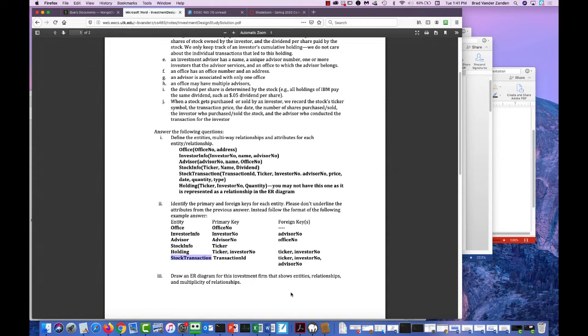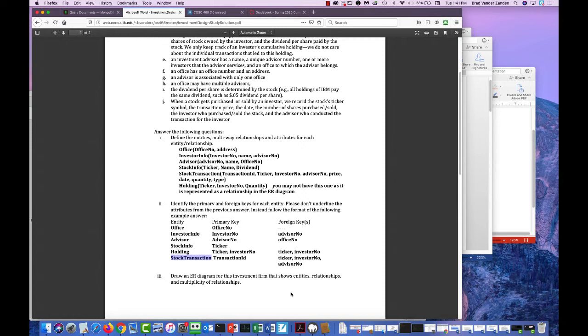So maybe the advisor has never purchased that stock for any investor. That's quite possible. Conversely, it's quite possible that the advisor has purchased that stock for multiple investors. Maybe the advisor loves that stock and has purchased it for every single one of their advisees. Okay, so it's 0 to many.